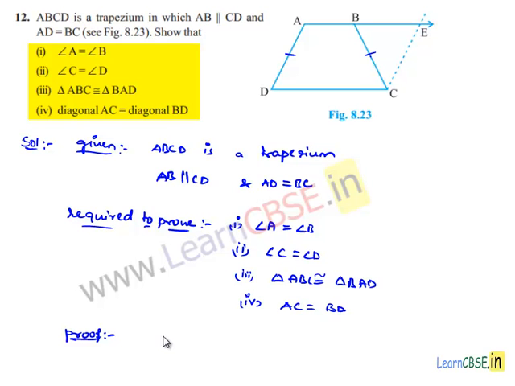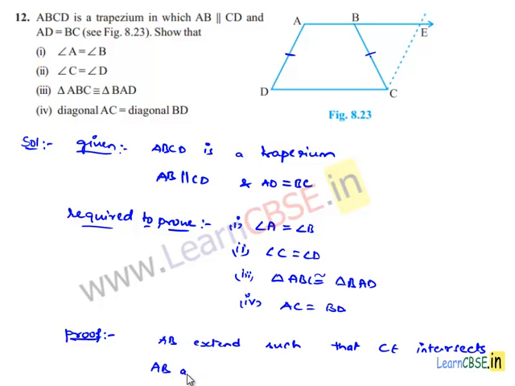Now in order to prove this, let us extend AB such that CE intersects AB at E and thereby AECD forms a parallelogram.